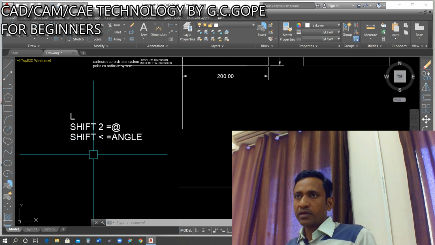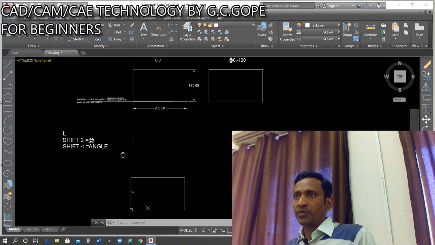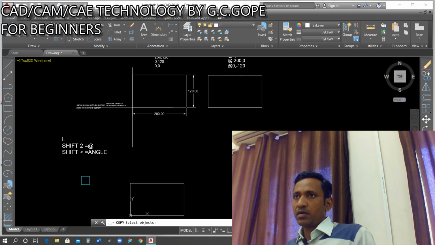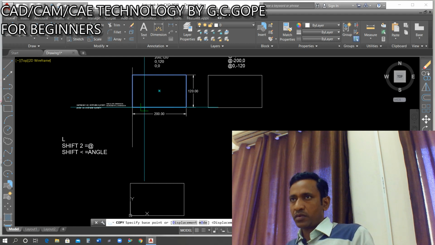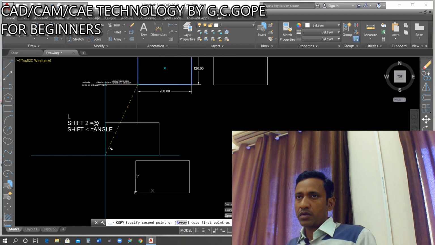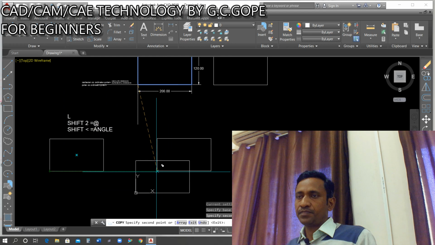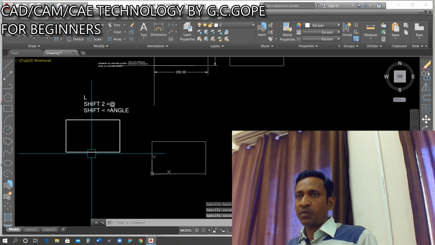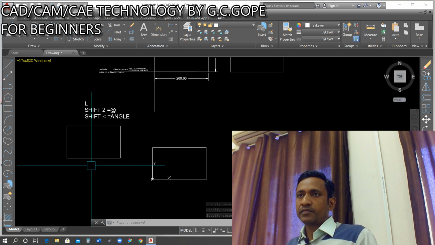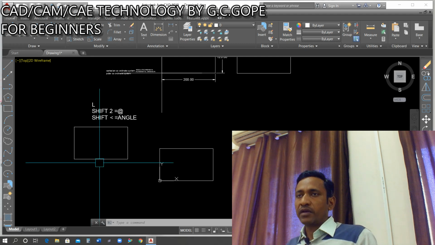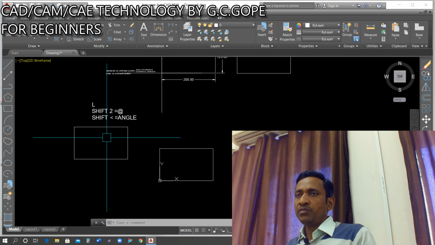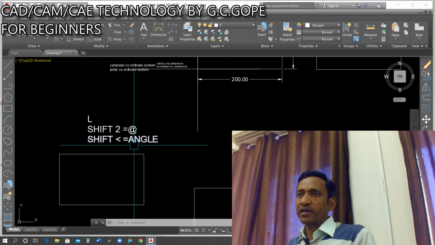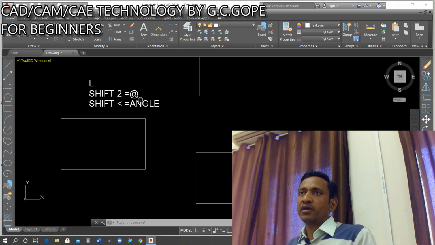This is the format I am using. I am taking the same diagram, and let's make the program of this one. One thing: when we use the polar coordinate system, we don't need to take the sign, because we are taking the angle.